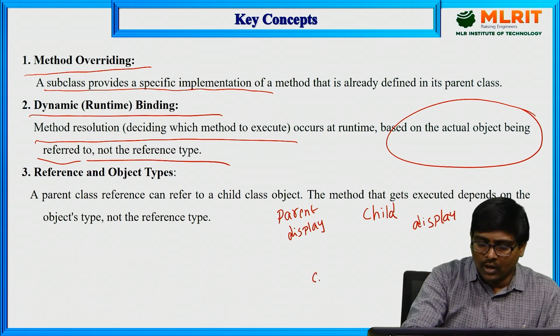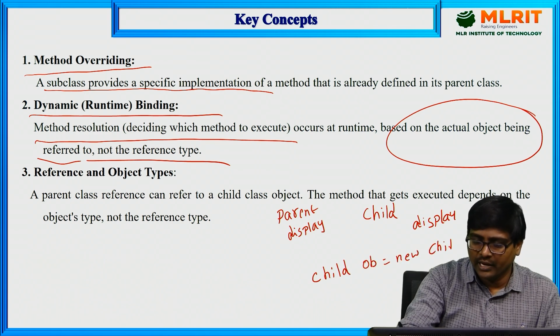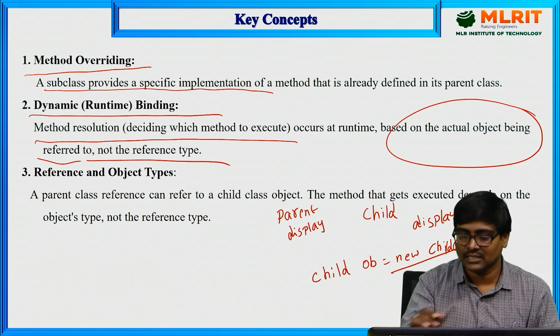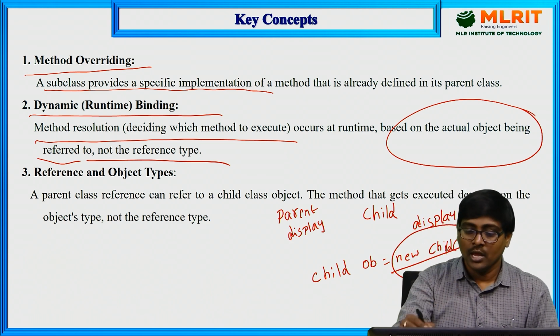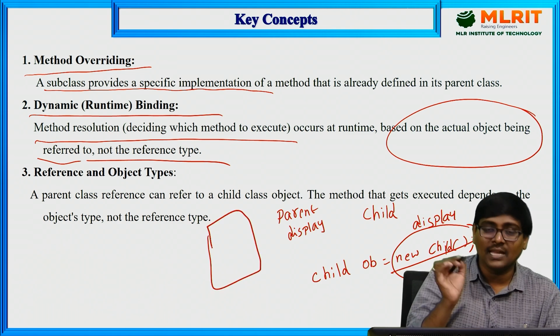Now, you are creating an object like this: Child ob = new Child(). What happened? You are creating an object for the child class. This is the syntax for object creation. Object creation means some memory is allocated.